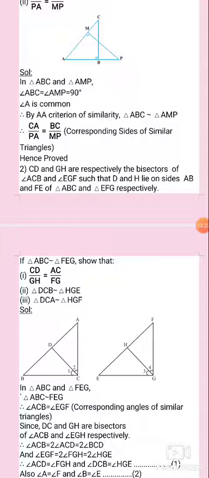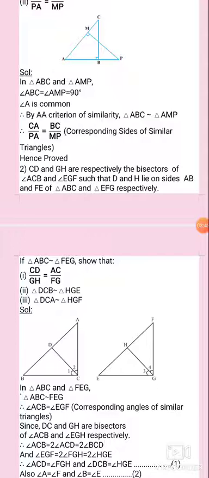Since DC and GH are the bisectors of angle ACB and angle EGF, angle ACB is equal to twice angle ACD, which is equal to twice angle BCD.